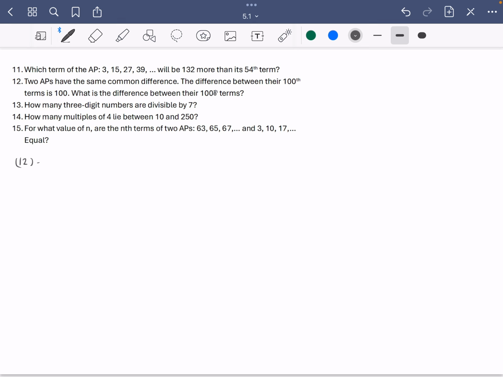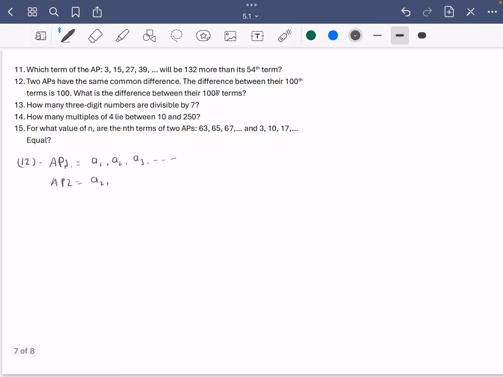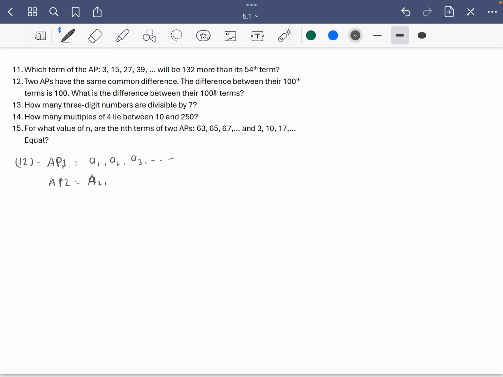So let's say the terms in AP1 are a1, a2, a3 and so on, and the terms in AP2 are, with uppercase A, A1, A2, A3 and so on.